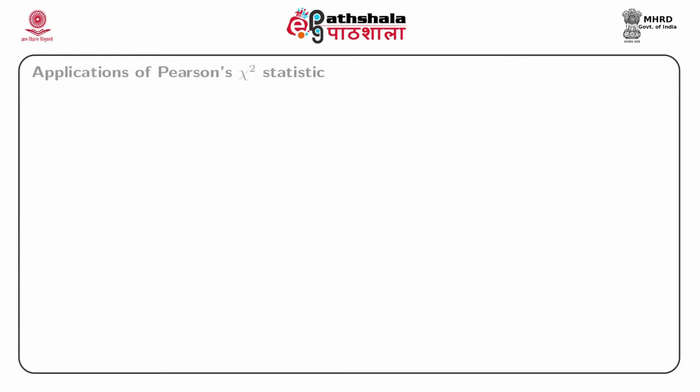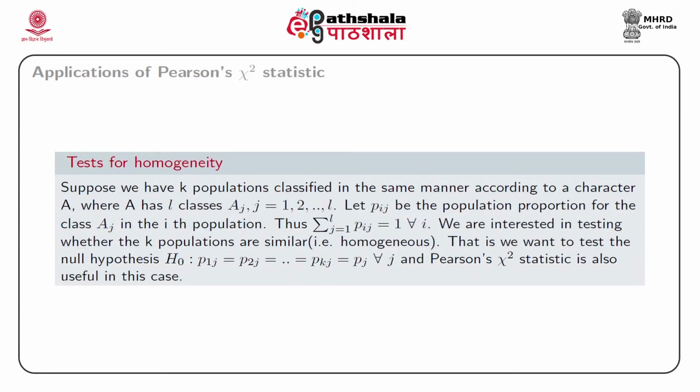Next application is the test for homogeneity. Suppose we have k populations classified in the same manner according to a character A, where A has L classes Aj, j running from 1 to L. Let Pij be the population proportion for the class Aj in the ith population. Thus summation j from 1 to L Pij equals 1 for all i.